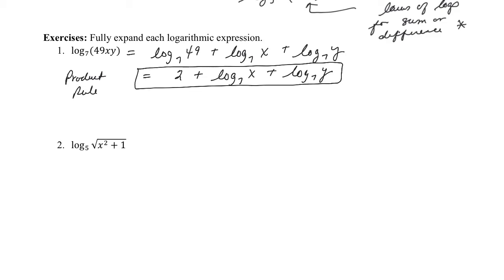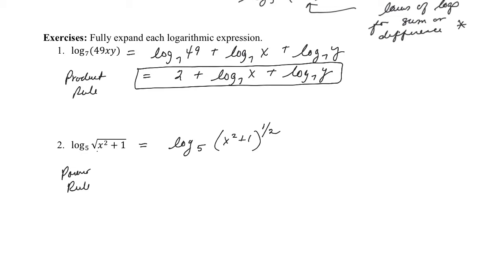Number 2, log base 5 of the square root of x squared plus 1. So for this one, I'm actually going to use the power rule. We haven't used that yet. This can be rewritten as log base 5 of x squared plus 1 raised to the 1/2, because remember the square root is the same as the power of 1/2.